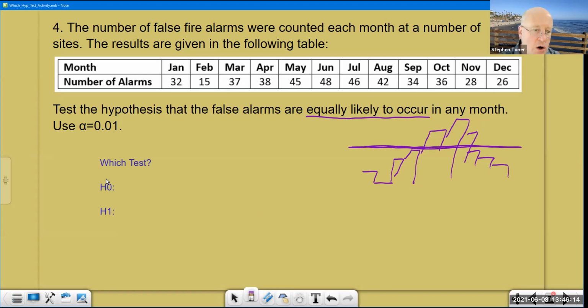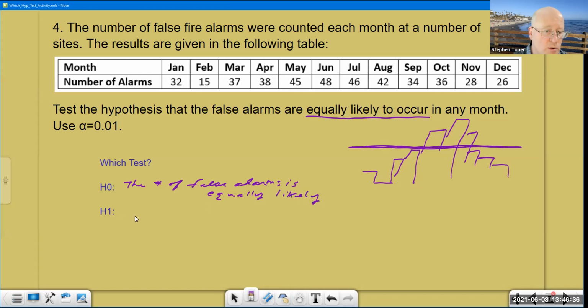So our H0 would be that the number of false alarms is equally likely or equally distributed throughout the months.